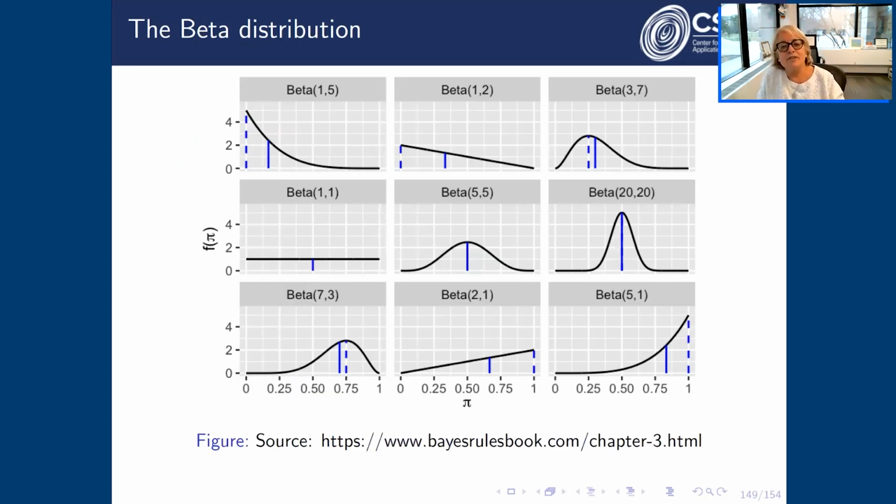So these are examples of the beta distribution. On the x-axis, we have the range of possible values that the beta random variable can take on, and it goes between 0 and 1. The black curve here is the shape of the beta, depending on the values of A and B. If A is equal to 1 and B is equal to 5, this is what the beta distribution looks like.